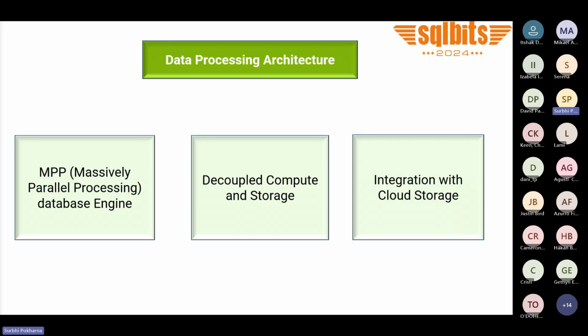We end up getting a new VM in Azure, or a VM in IaaS or on-prem, and both of these things go hand in hand together. And Snowflake integrates with cloud storage. Wherever you are, AWS or Azure, you can have the additional cloud S3 buckets or your blob storage.